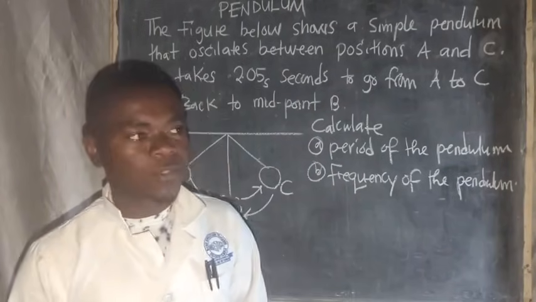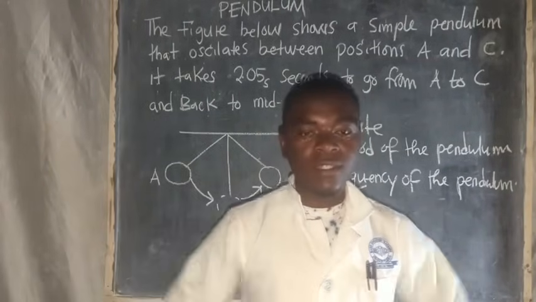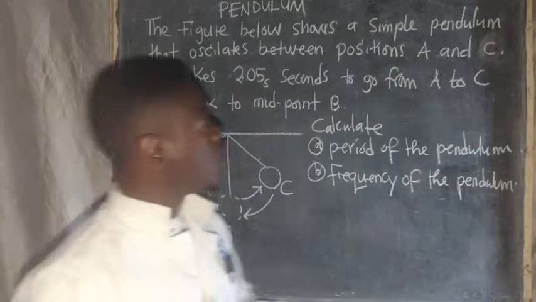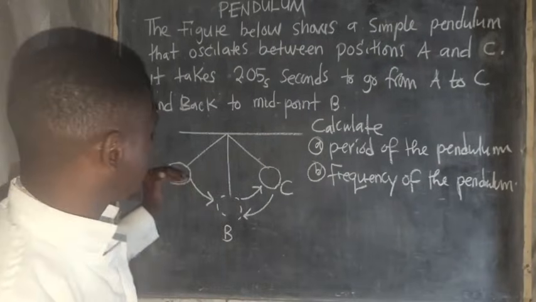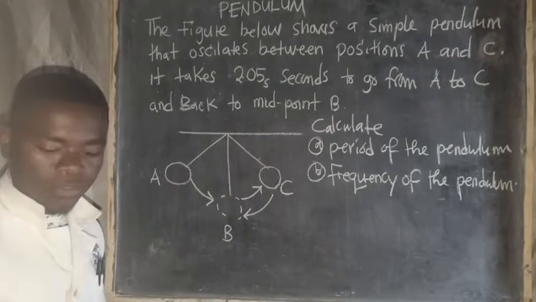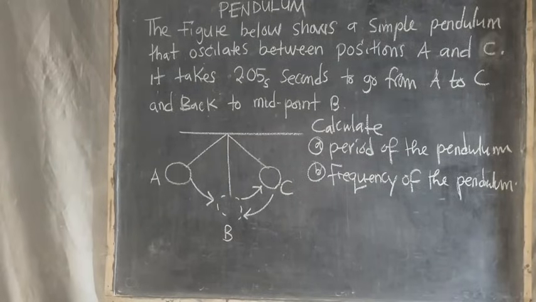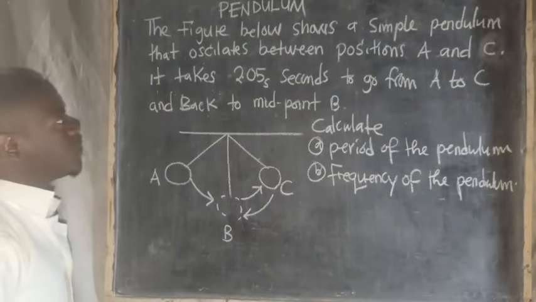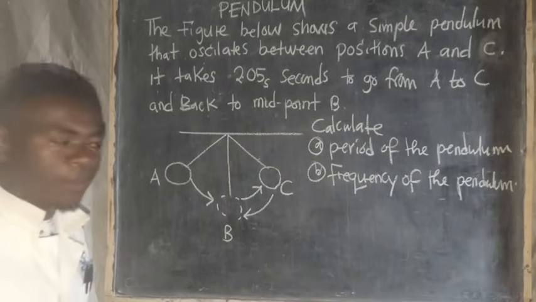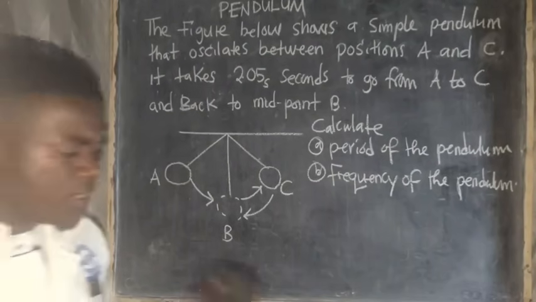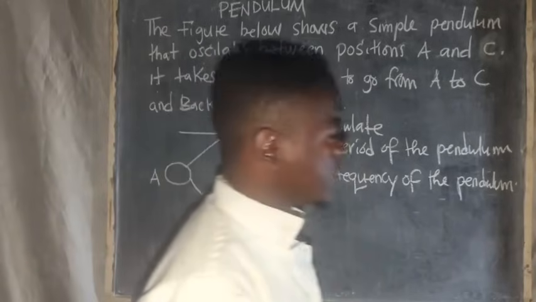This is Wake Up School at 5, and in this particular lesson, we've got this important question that I want to revise with you, that I want to answer with you. As you can see, this question falls under a pendulum. These are questions that come in an exam.